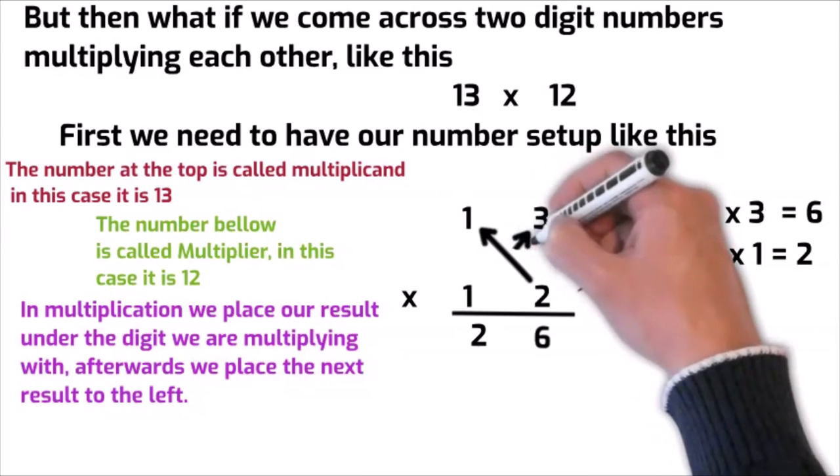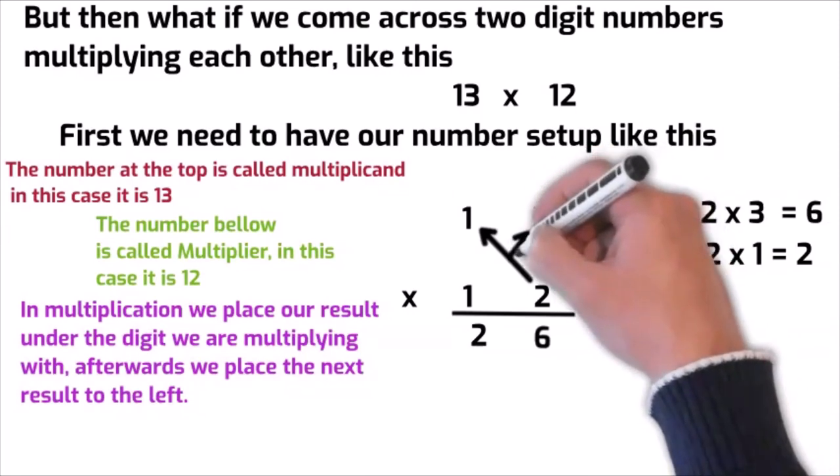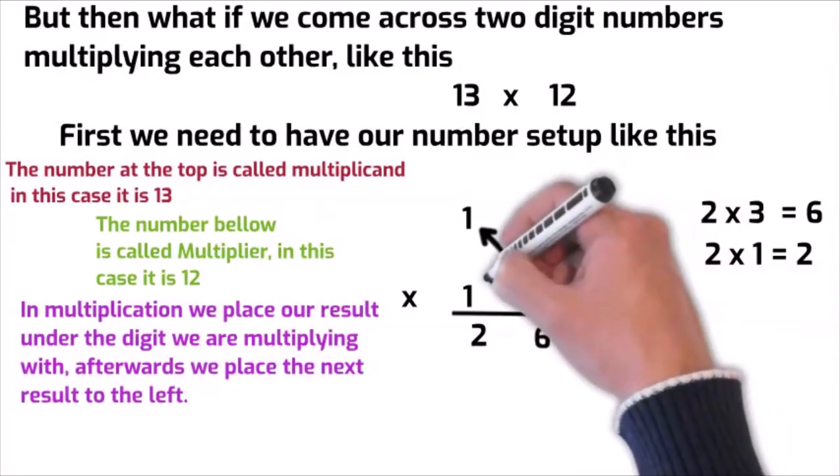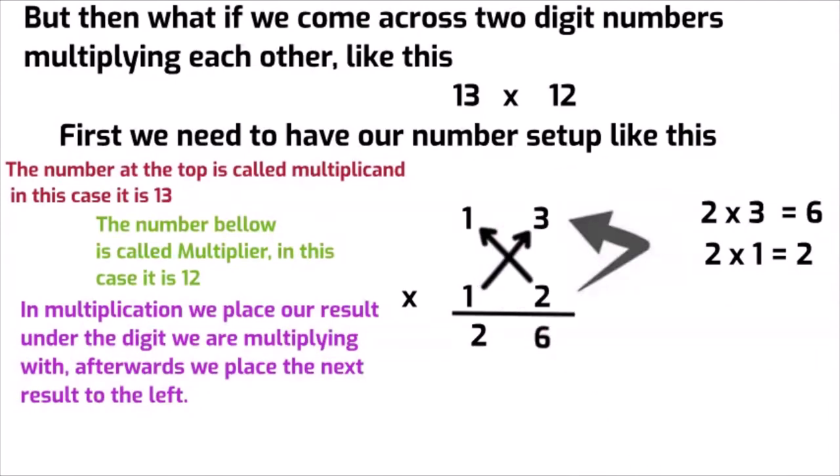It is time to use the tens side of the multiplier, which in this case is 1. We say 1 times 3. What is 1 times 3? Can you make a guess? 1 times 3 is 3.